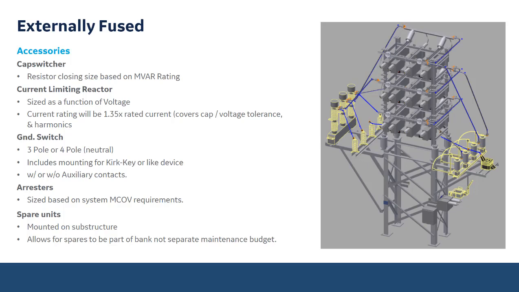Also, during ordering of the capacitor bank, because that does include 2 spare units, the spares are not added to a separate maintenance budget. It is part of the capacitor bank, and so it's purchased all as one unit. We have a lot of customers that request that.